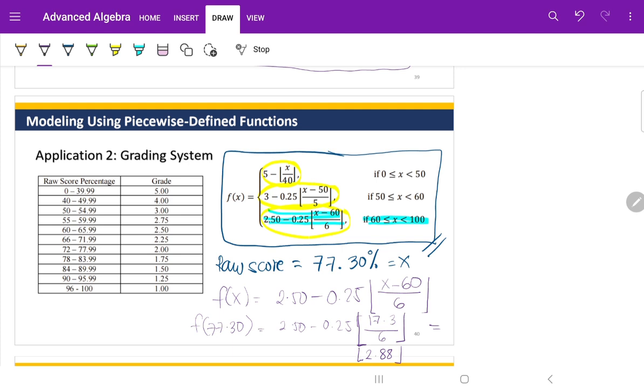Giving us 2.50 minus 0.25 times 2, which is equal to 2.0. So your report card grade will be 2.0.